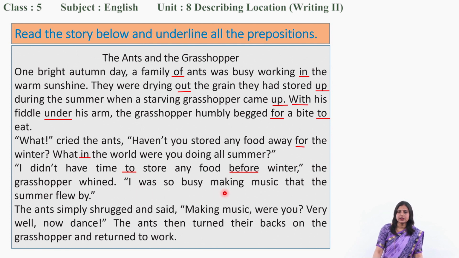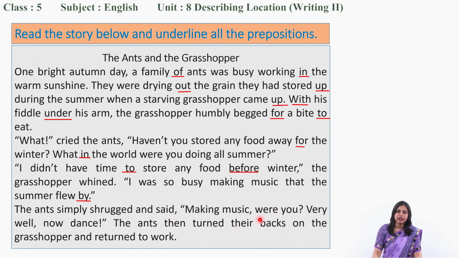I was so busy making music that the summer flew by. Is there any preposition here? Okay, yes, there is. Very good. By. Okay, so you have almost known about the prepositions. You can identify it. That's very good. Okay, the ant simply shrugged and said, making music.